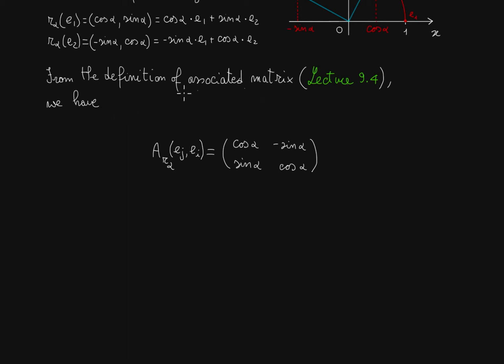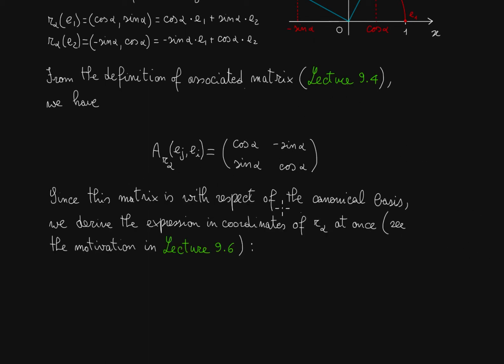By definition of associated matrix of a homomorphism with respect to a basis of the domain and codomain, we have seen this in lecture 9.4, the associated matrix of R alpha has as a first column the coefficients of the linear combination of the image of the first vector E1, cos alpha, sine alpha, and the second column are the coefficients of the linear combination expressing the image of E2, that is negative sine of alpha, cosine of alpha.